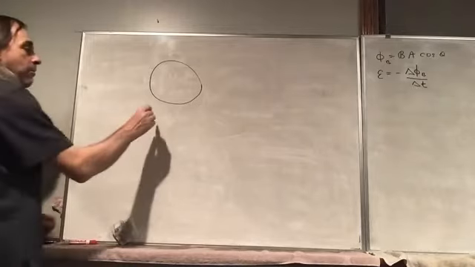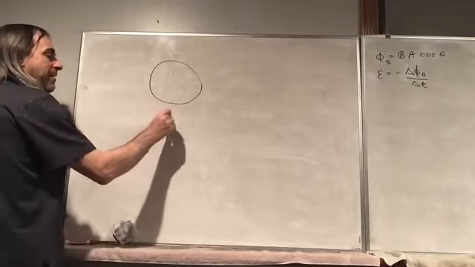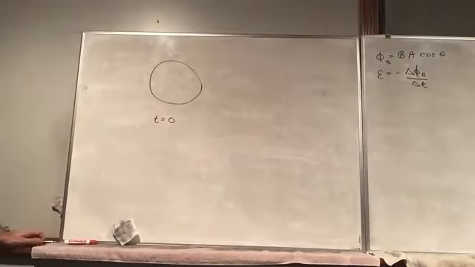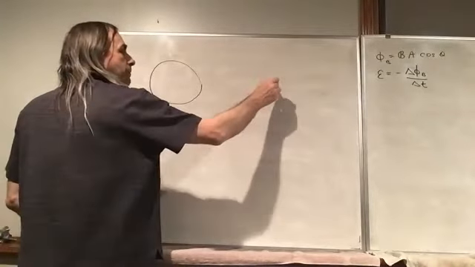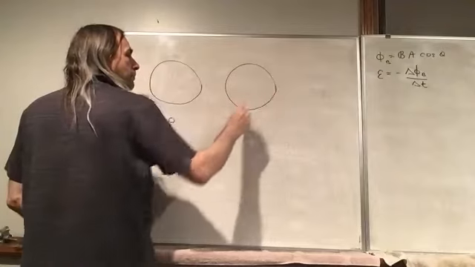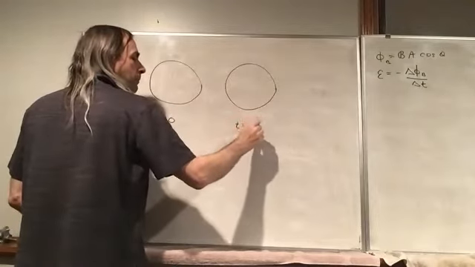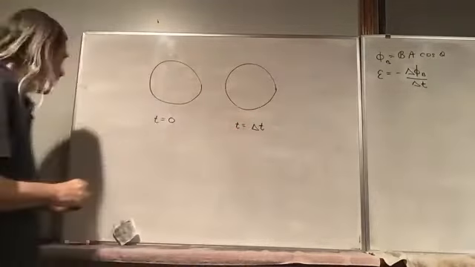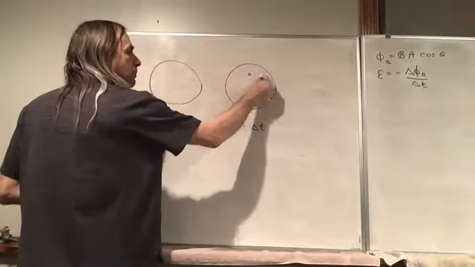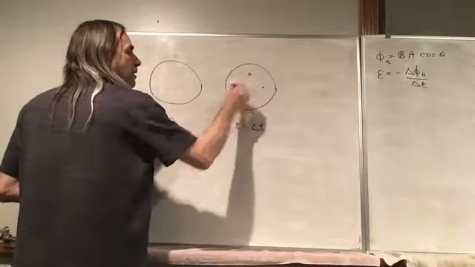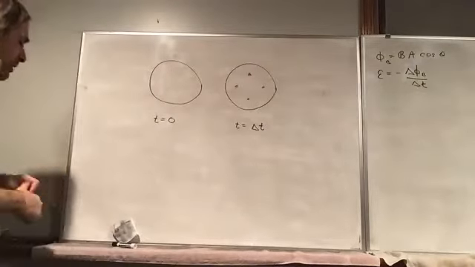So let's say at T equals 0, let's say this is a conducting loop. It's like an actual wire. So let's say at T equals 0, it looks like that. And then sometime later, let's say there's a magnetic field. So there's definitely a change of flux here.